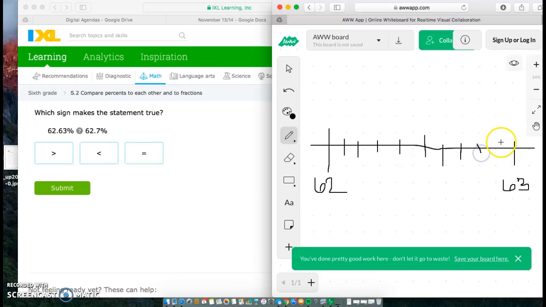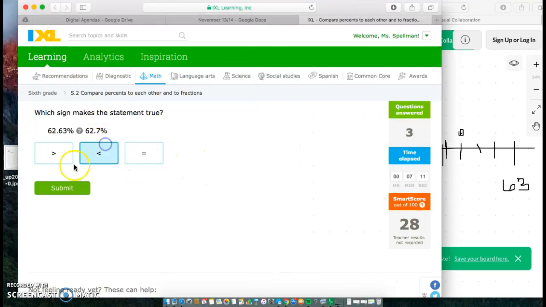So 62.63 is going to fall, because my 6 is in the tenths place, so it's going to be 1, 2, 3, 4, 5, 6. It's going to be a little bit after here. That's 62.63. 62.7, my 7 is in the tenths place, so that is actually going to be right here. So that is greater. I know this drawing is hideous, but it works.